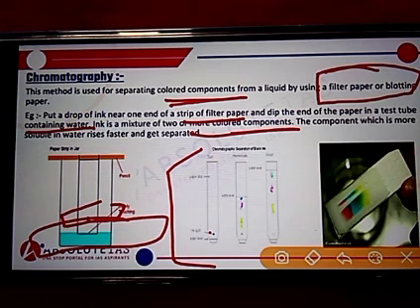The one which is more soluble separates faster. So the colors moved on and the ink separated. This is a true picture of the experiment.